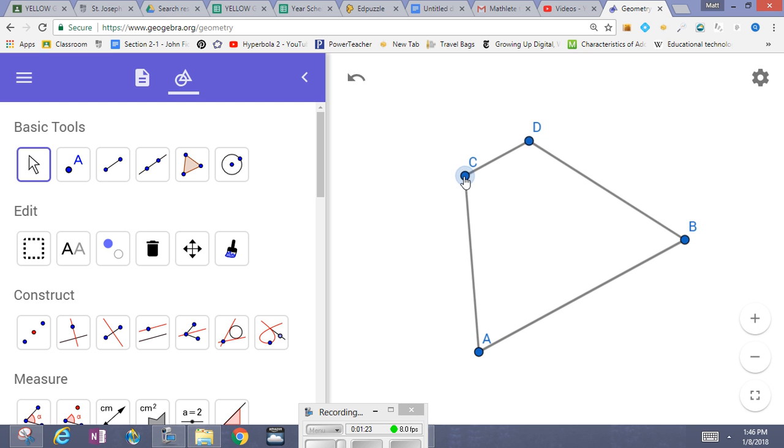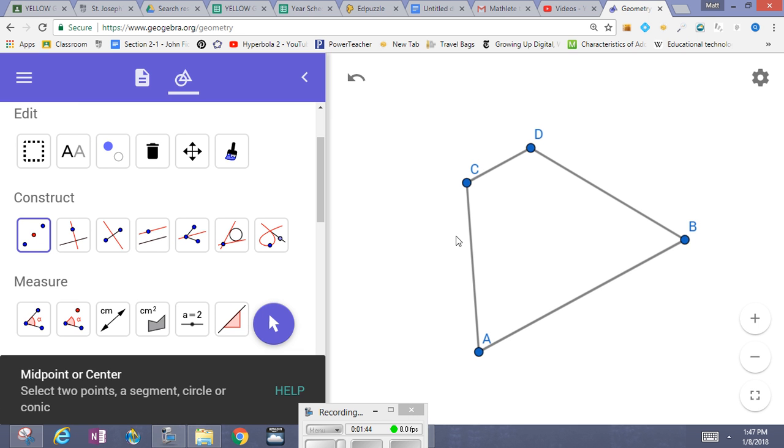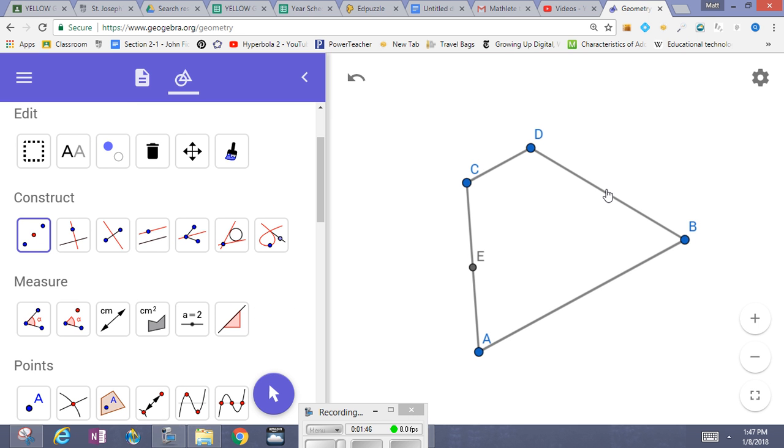The legs are the non-parallel sides, and of course we have what we call a mid-segment, which is a segment that connects the midpoints of the legs. So we go to the midpoint tool, find the midpoint of each leg, and then connect those with a segment.